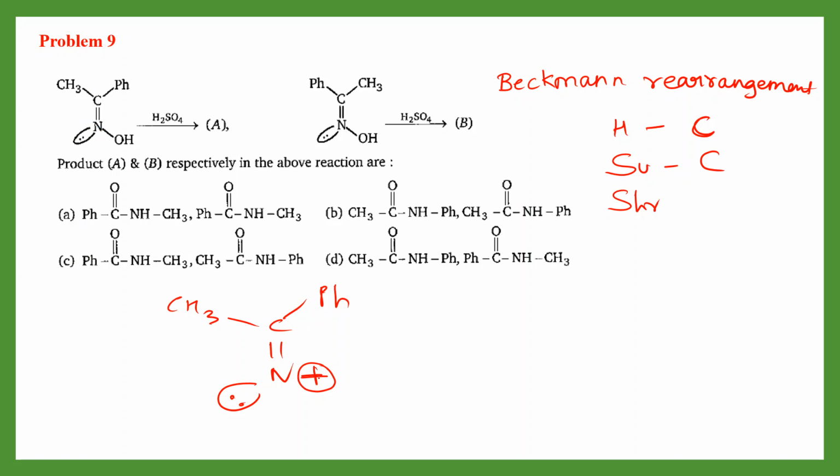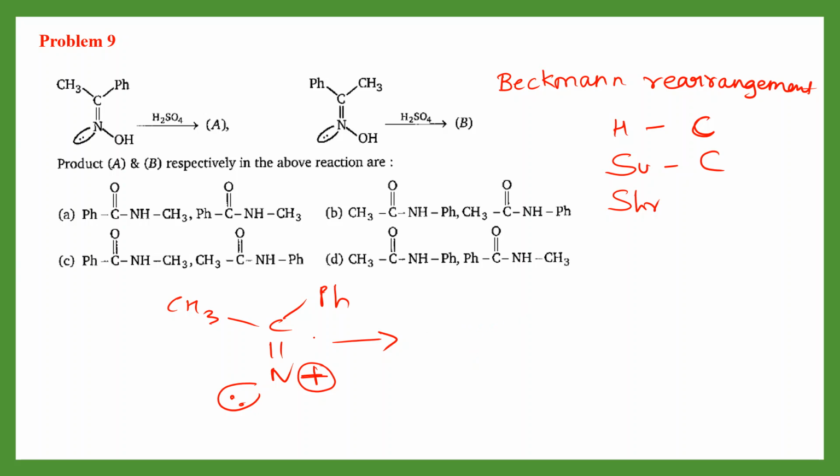This positive charge I am forming here for your simplicity. Now, what will happen? In option number A, CH3 will migrate. Which group will migrate, methyl or Ph? Methyl. Why? Because it is anti to your hydroxyl group.